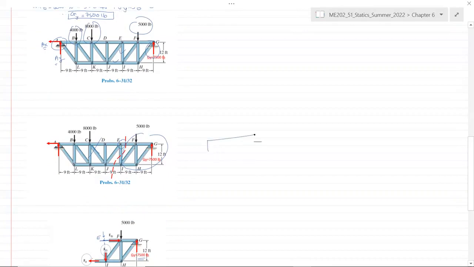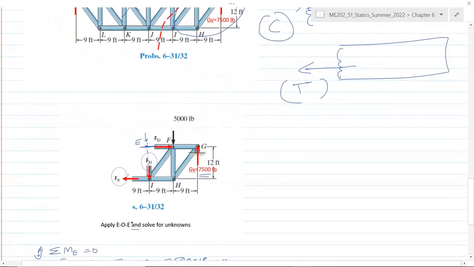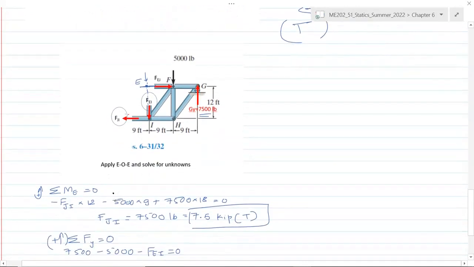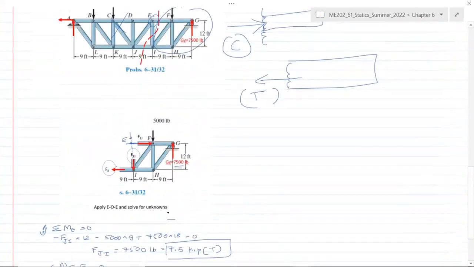When we expose the internal forces and an arrow goes into the member, that means the member is in compression. This is what we are assuming. But when the arrow leaves the member, we are assuming that the member is in tension. So we have assumed that these two members are in compression and this member is in tension. Then for those exposed forces, we applied the equations of equilibrium and solved for the unknowns. Okay, thank you.